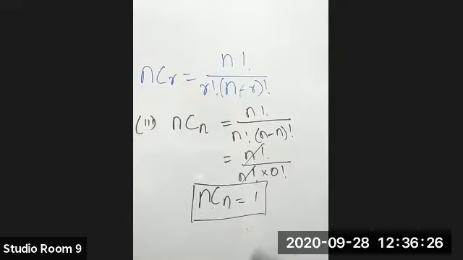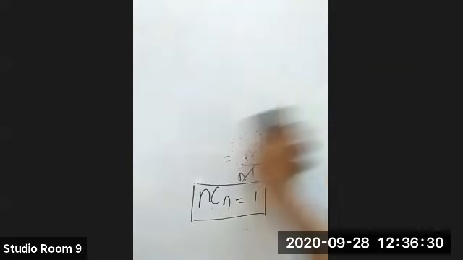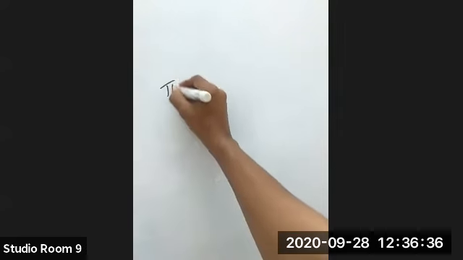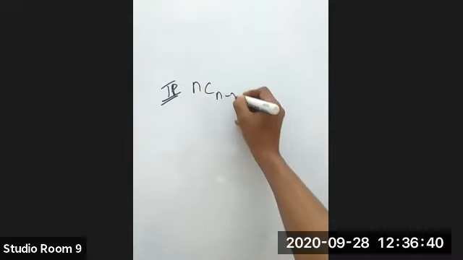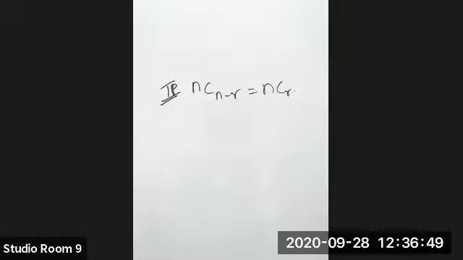Next one, a very, very important result. Prove that NC(n minus r) is equal to NCr.